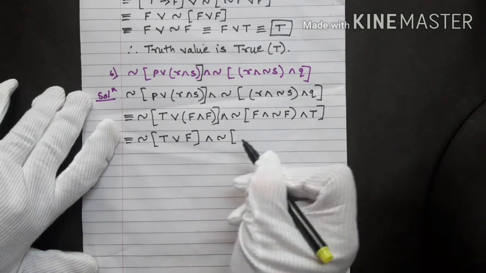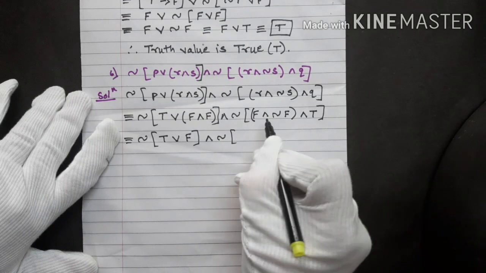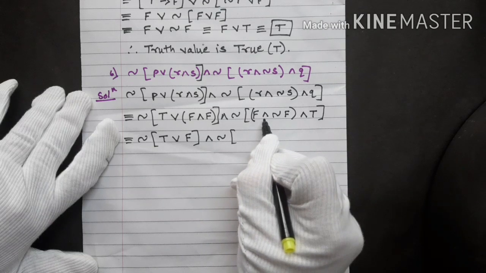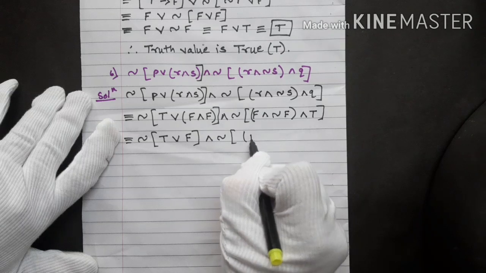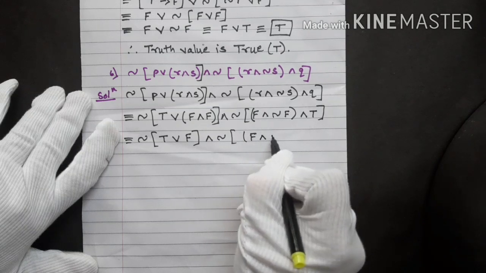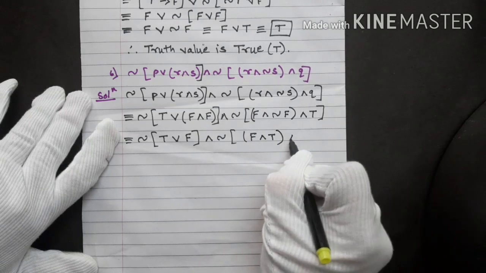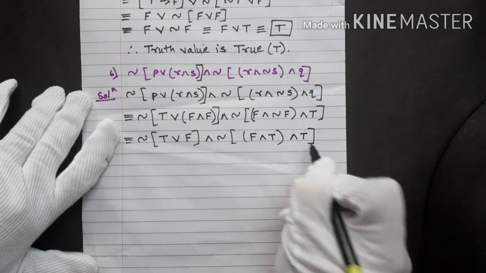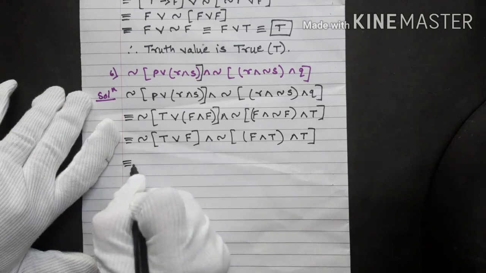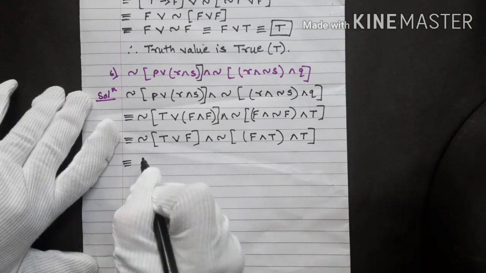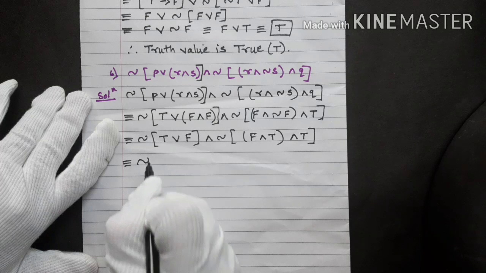Negation, and so F and negation F, that is it is actually F and true and true. You have to be careful about these brackets also. If you miss any bracket, you will go wrong. Negation.